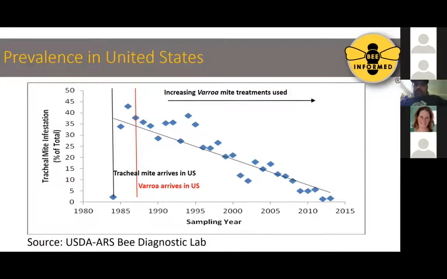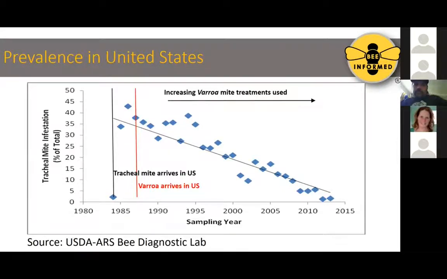Now the second line I put on this graph, this vertical red line, is 1987. This is when the Varroa mites turned up in the United States, and similar story, they were detected in one place, and then within a matter of a couple of years they were pretty well everywhere. As we went through the 90s, it became increasingly imperative that beekeepers treated for Varroa mites to keep their colonies alive and healthy.